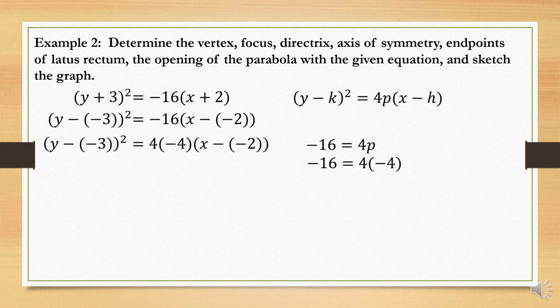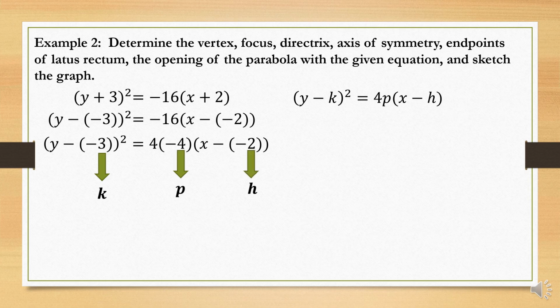So we have the quantity y minus negative 3 squared is equal to 4 times negative 4 times x minus negative 2. Then we have now the values of k, p, and h. The value of k is negative 3, the value of p is negative 4, and the value of h is negative 2.